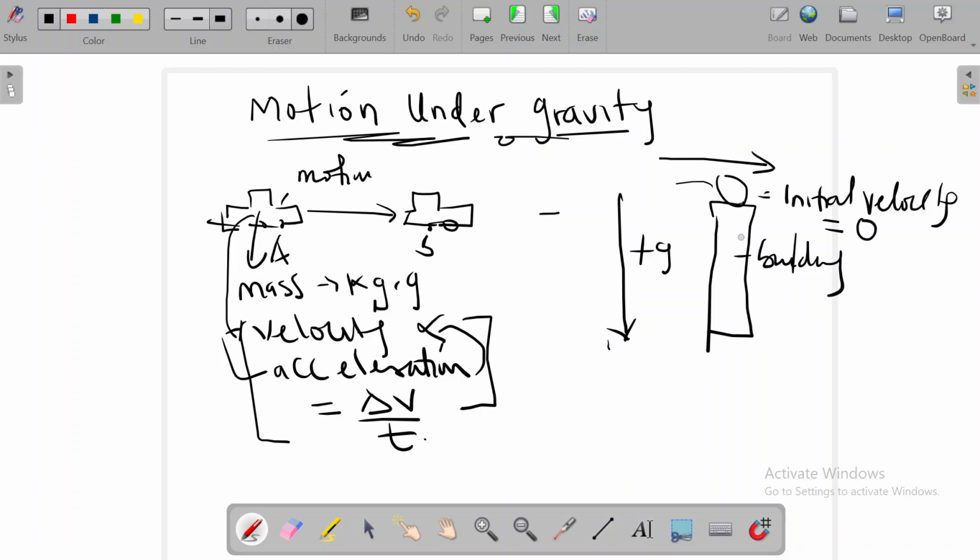You can only prevent it from falling by holding it; if you release your hands, whatever you're holding will fall freely under gravity. So we simply say the velocity it is having above the ground is known to be 0, and it is called initial velocity, represented with the letter U. As it falls to the ground, it increases in speed.